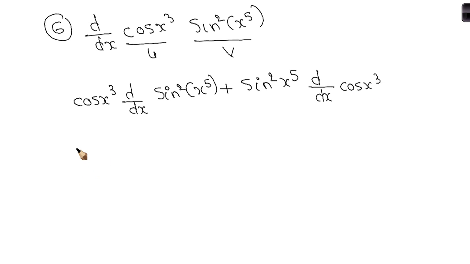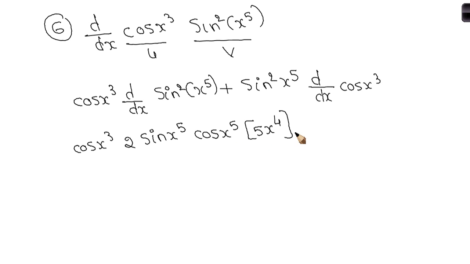So cos x cube into derivative of sin square x power 5 would be 2 sin x power 5 into the derivative of sin, which is cos x power 5, and x power 5 derivative would be 5x power 4. Sin square x is like x square.